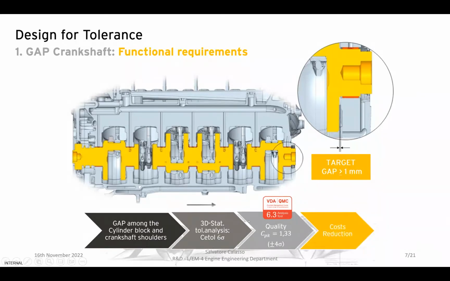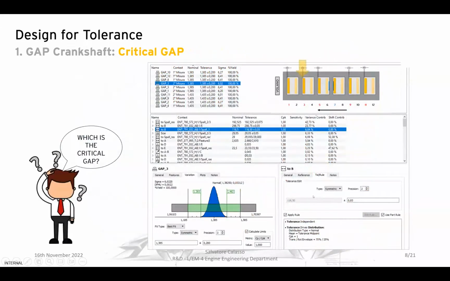But by our internal standard, our supplier should guarantee a minimum capability standard of 1.33 as a CPK. So from our point of view, it was a good starting point. The first question for that case was, what is the critical gap?